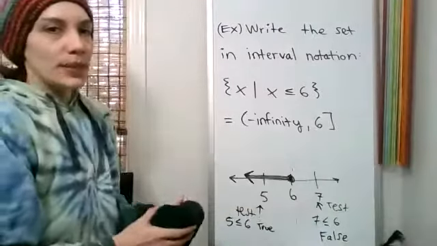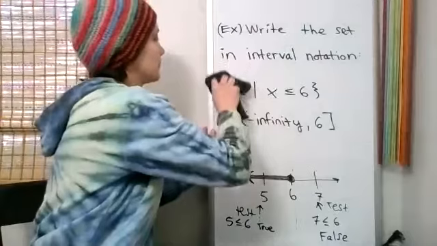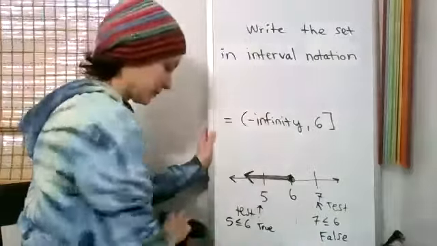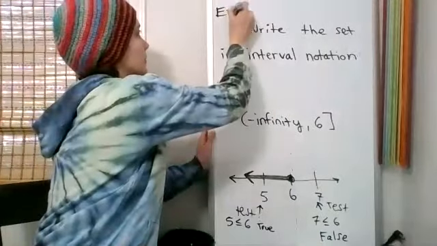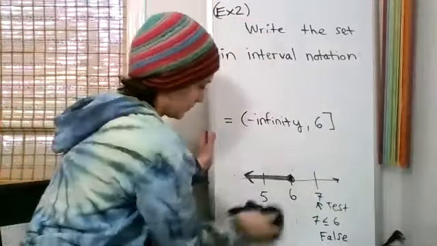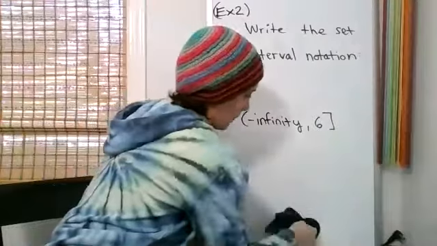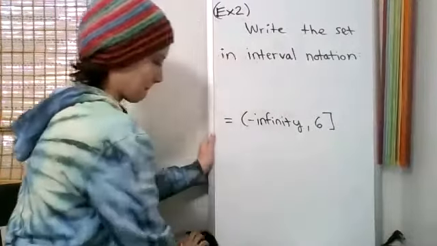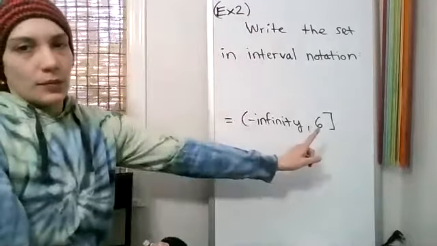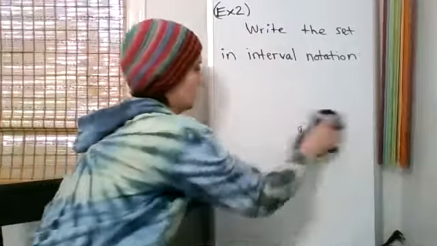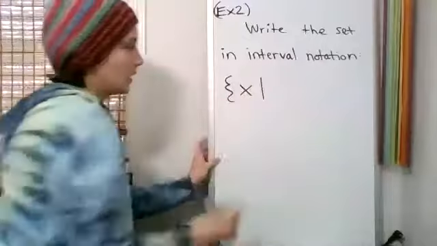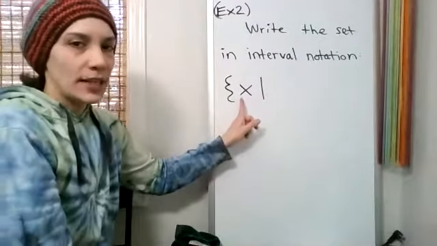Next set will be all x. Okay. Moving on from number 1, going to number 2 of the set. We're kind of leaving out that x is a real number.